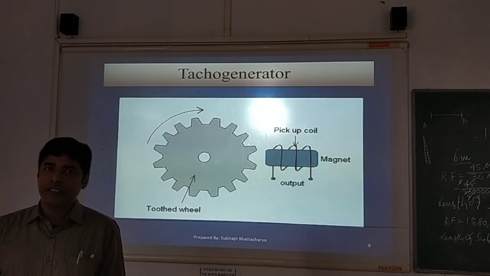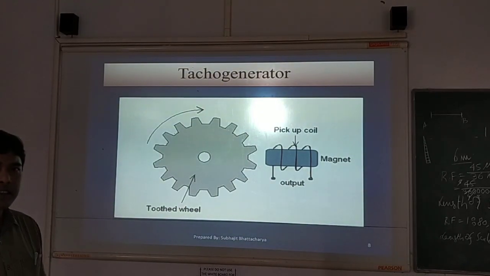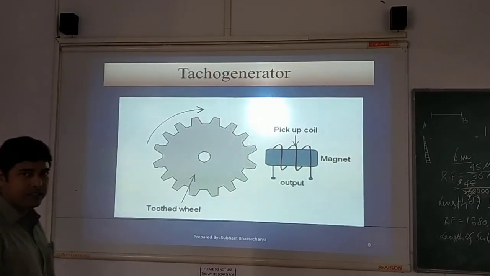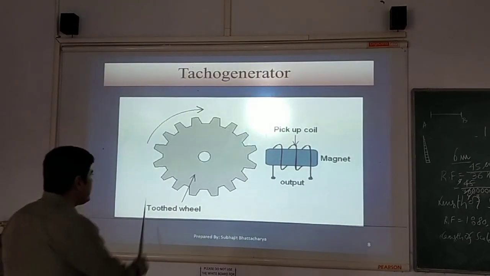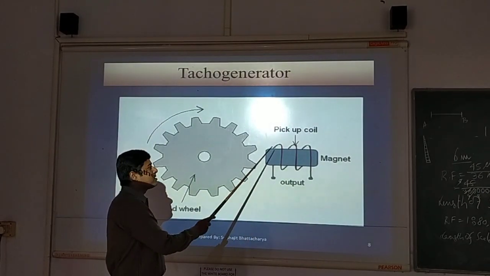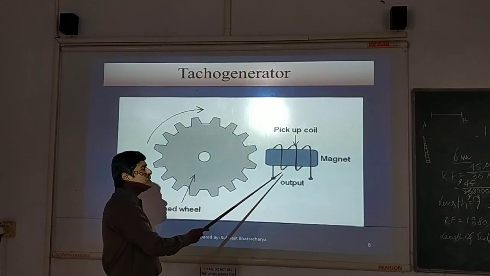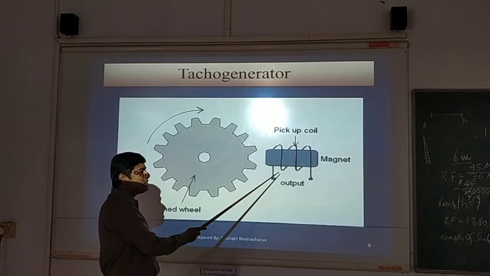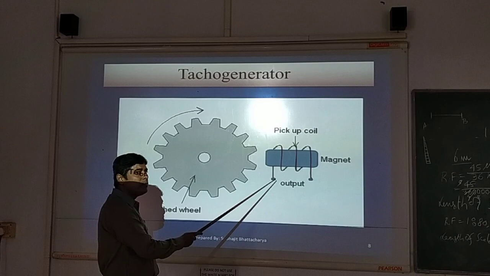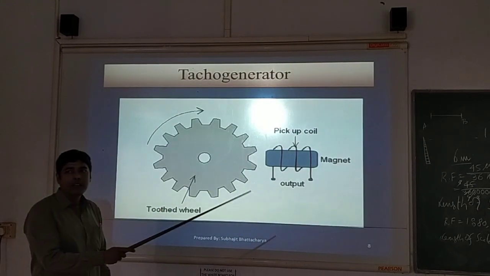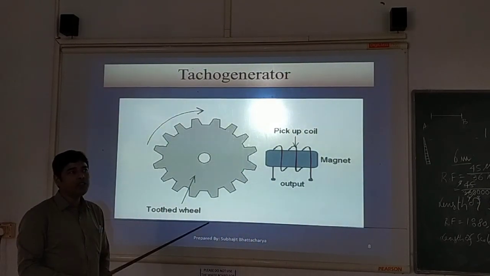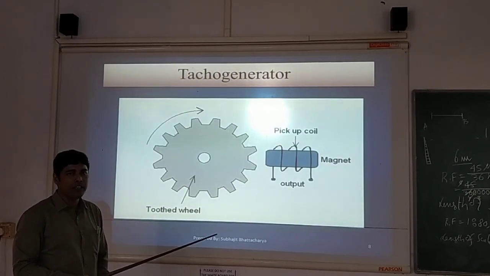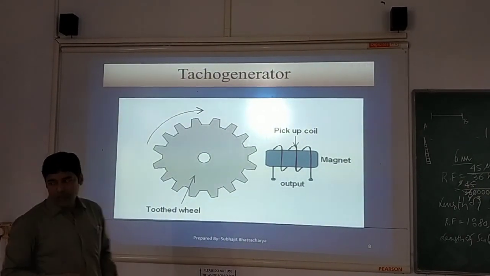For general steels, the ferromagnetic material can be like this. So as it is rotating, the magnetic flux it is subjected to is changing periodically. So according to Faraday's law of induction, EMF will be produced, and the peak amplitude of that EMF will depend on the RPM. How? Let us see.